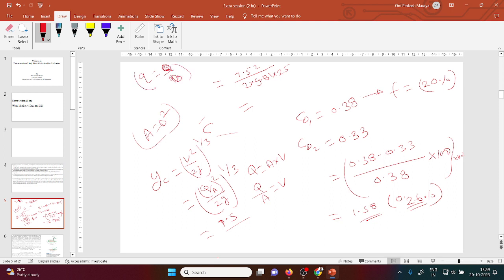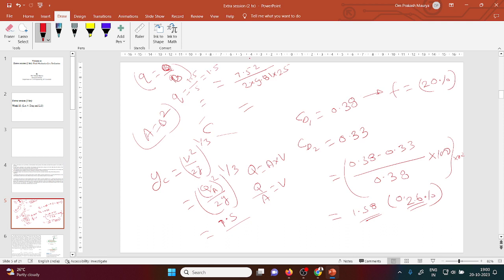Yeah, Q by B. So if you calculate from here, how much will you get? 7.5 divided by 5. 7.5 divided by 5, how much? 1.5, right? You will get 1.5.